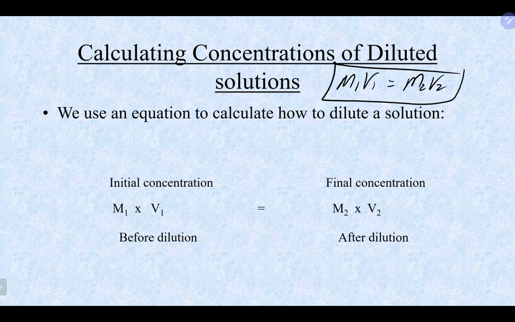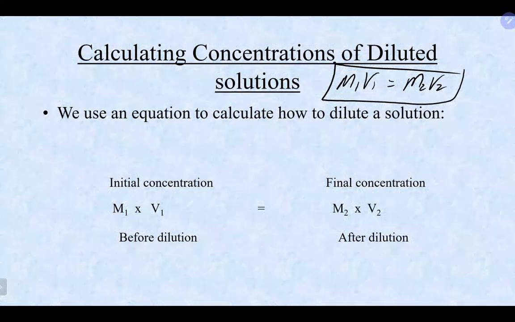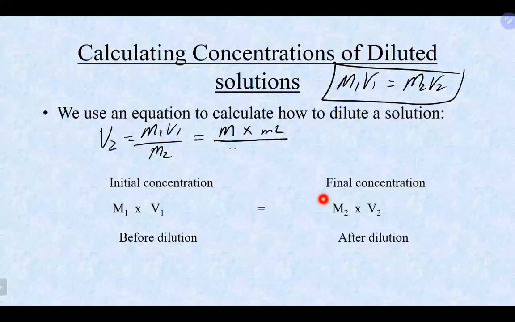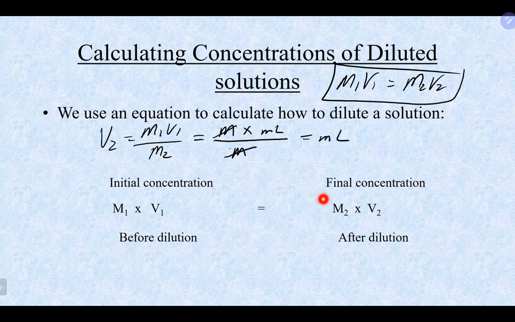If we're solving for V2, which would be M1V1 over M2, we would have molarity times milliliters divided by molarity, which means the molarities cancel and we would end up with milliliters in this case. So it would work out okay.